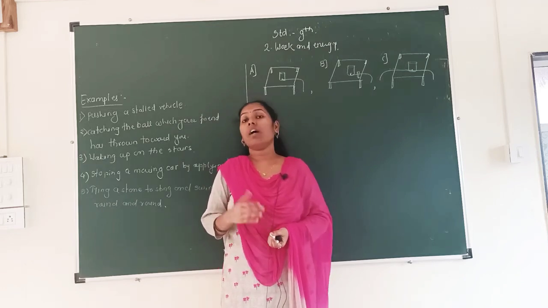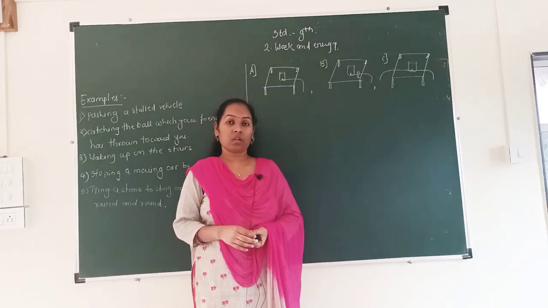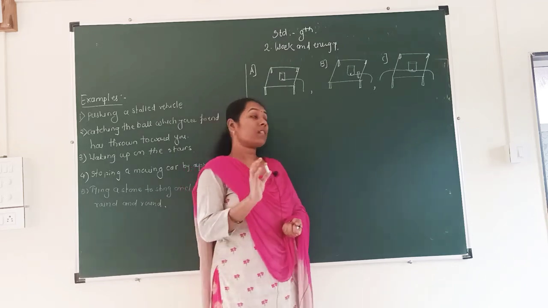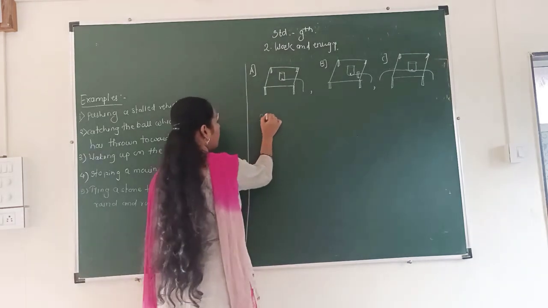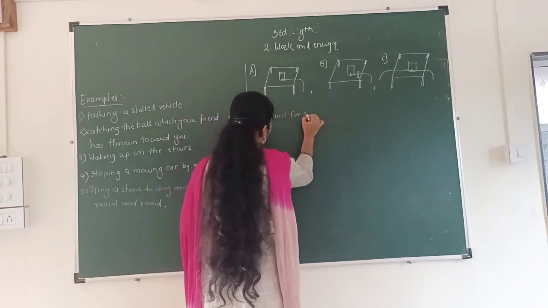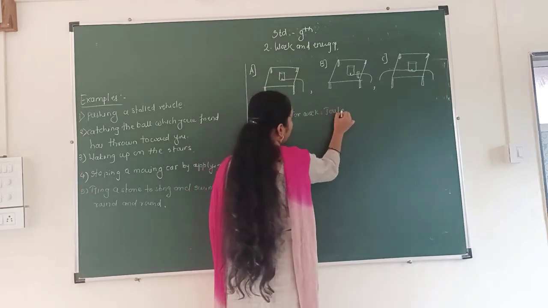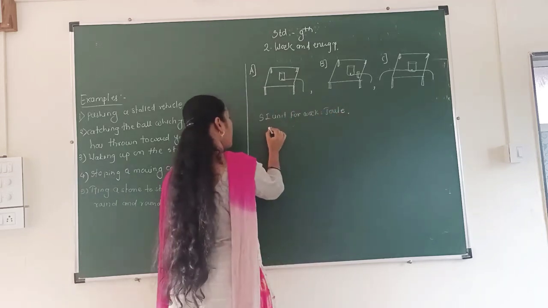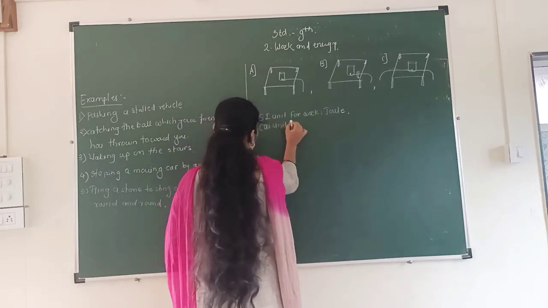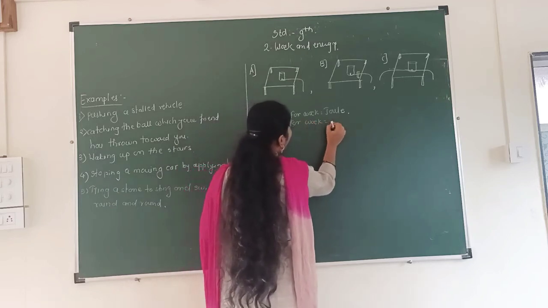After that we have seen the CGS unit for work. What is the CGS unit for work? The CGS unit for work is erg. The SI unit for work is joule, and the CGS unit for work is erg.